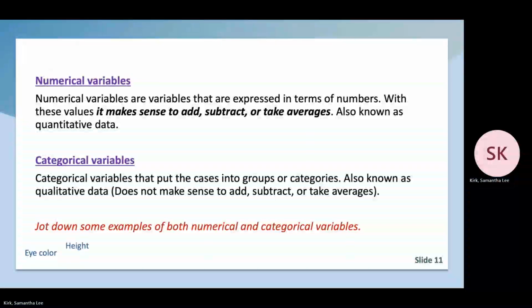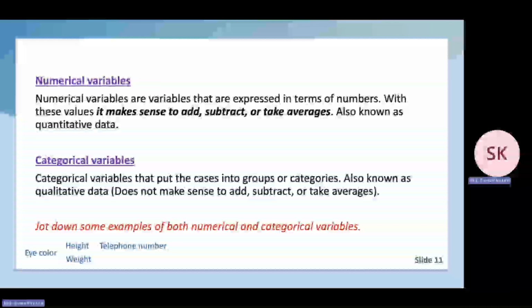Okay. Height. Height is a numerical variable. Weight, that is a numerical variable. Telephone number. Telephone number is a categorical variable. Now, the reason it's categorical is because it doesn't make sense to add two telephone numbers together or to add them and divide by 2 to find an average.